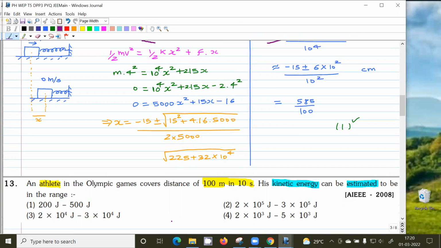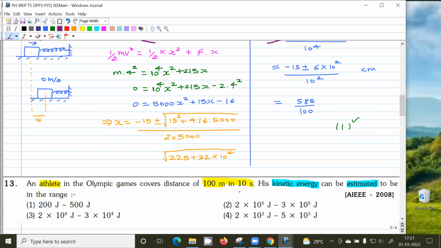This is also a common sense question. You can get an idea of acceleration: 100 meters in 10 seconds, no?